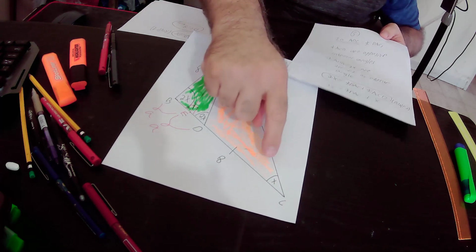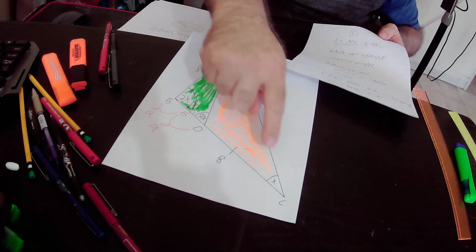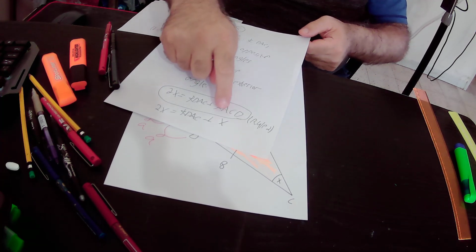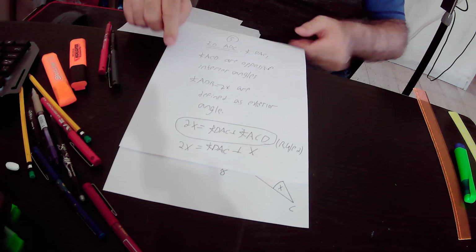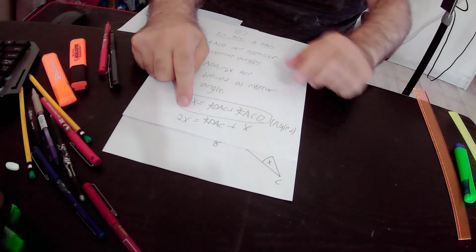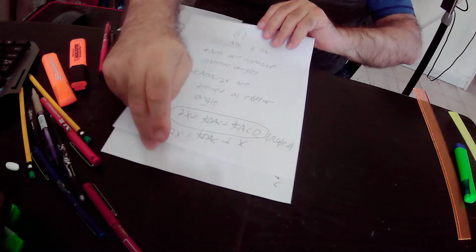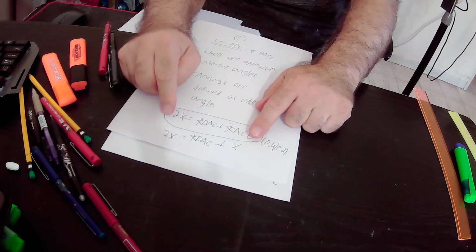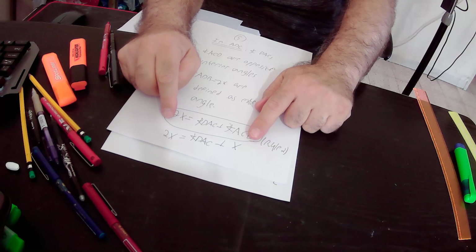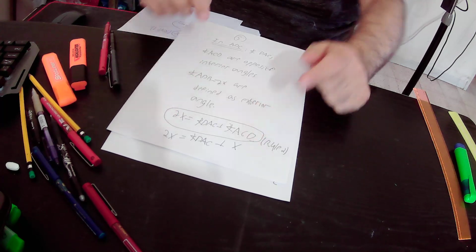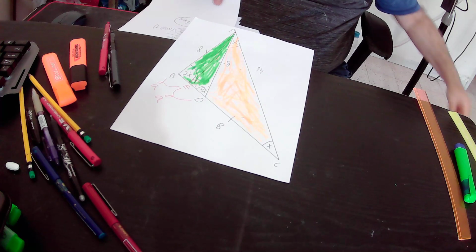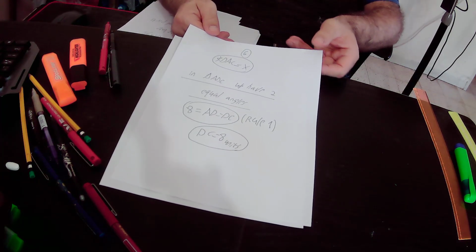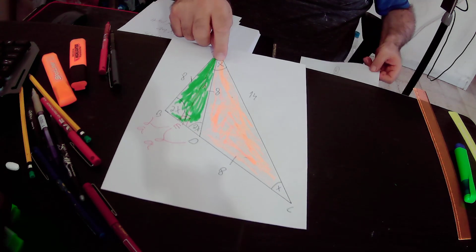But we know that angle ACD equals x. It is given to us in the question, so we can substitute and get 2x equals angle DAC plus x. Subtracting x, we get that angle DAC equals x.